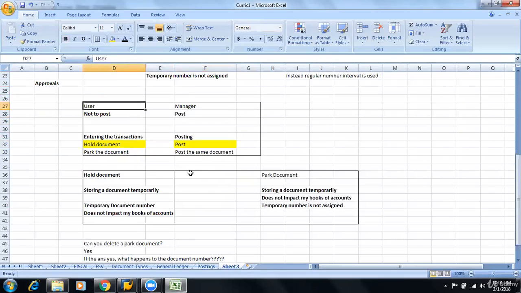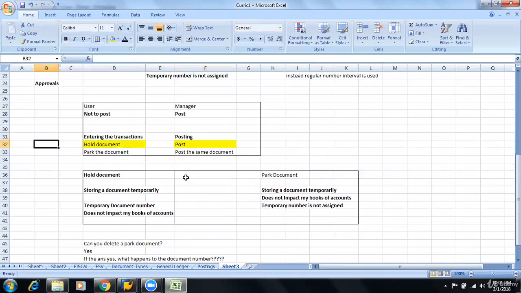A user cannot post, so he has to temporarily enter a document. So he used the functionality hold the document, not park. A manager who is able to post will be posting the same transaction. What's wrong in this? Why should a user use only park document, not hold?